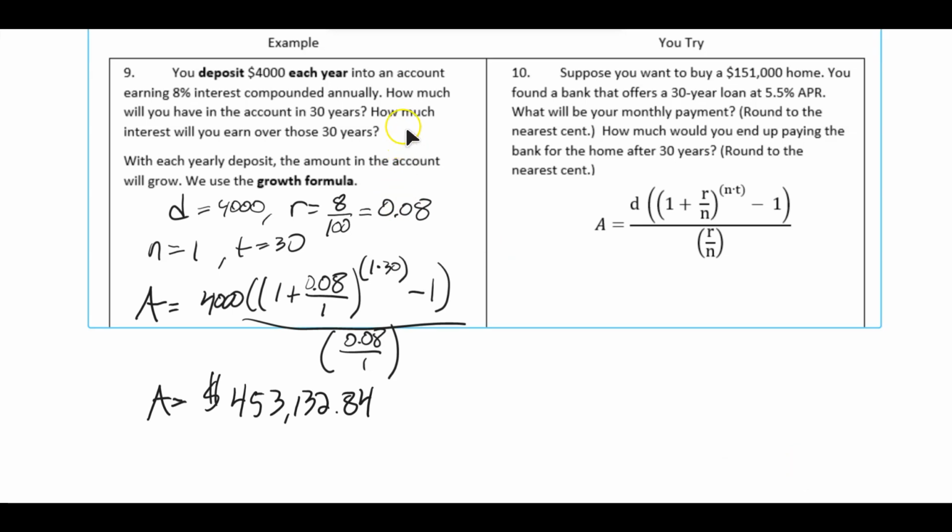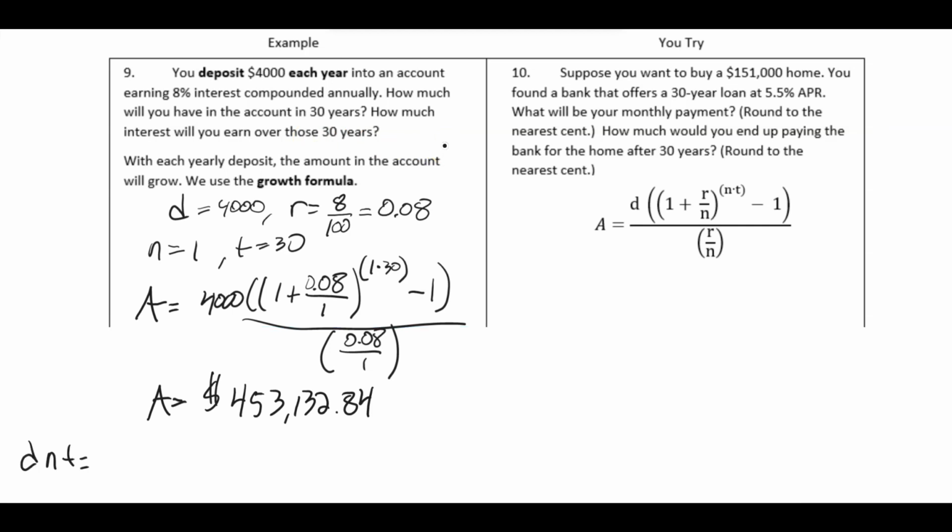Now the next question. How much interest will you earn over those 30 years? Okay, so let's take a look at D and T. D, $4,000 a year times once a year times 30 years.